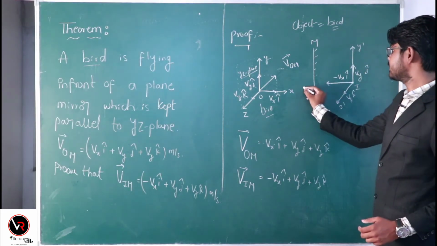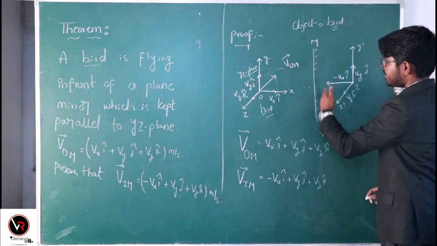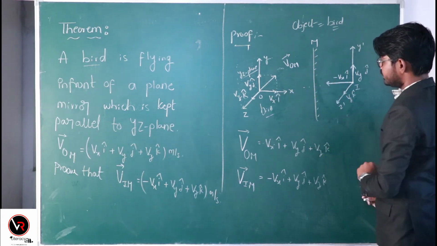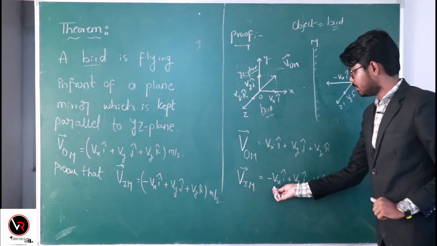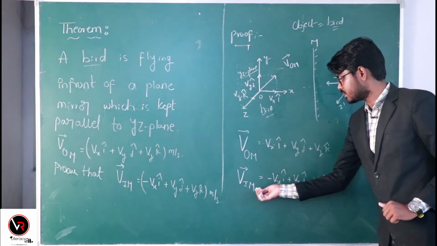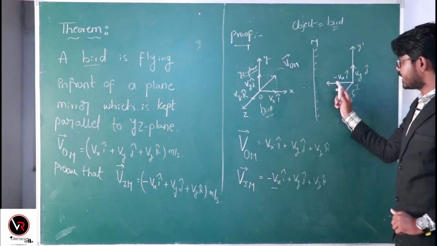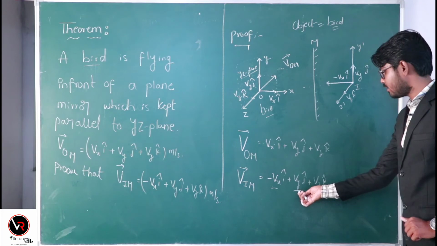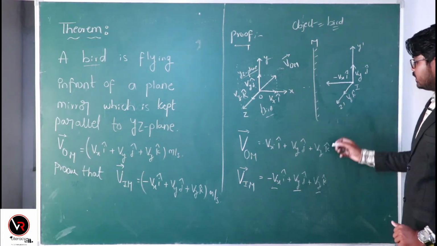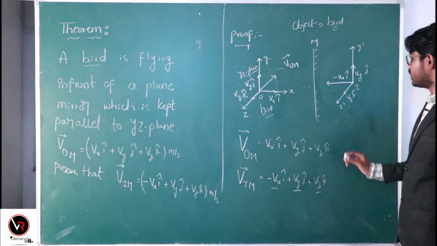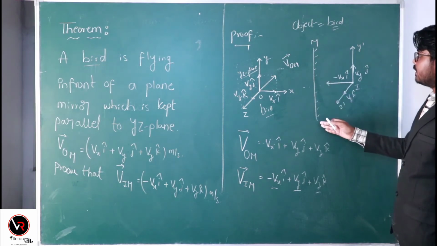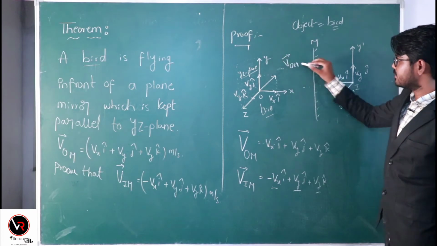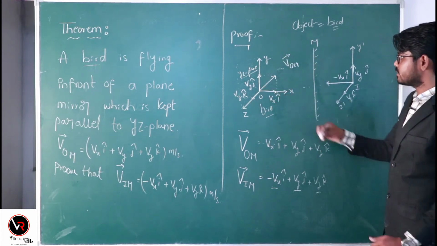As we discussed, this plane mirror reverses the direction normal to it. So the velocity of the image along x is also Vx, but in the reverse direction. The velocities of the bird along the y and z directions are Vy and Vz, and the sign is also the same, because this plane mirror does not reverse the direction parallel to it. This y axis is parallel to it, and the z axis is also parallel to it.